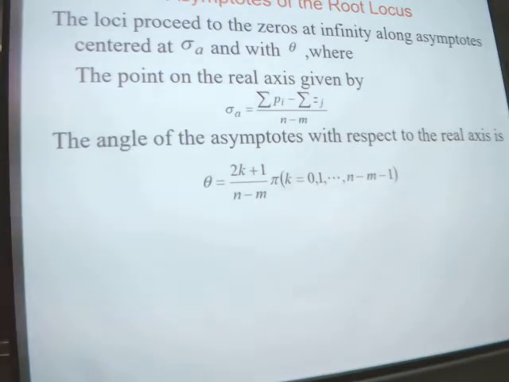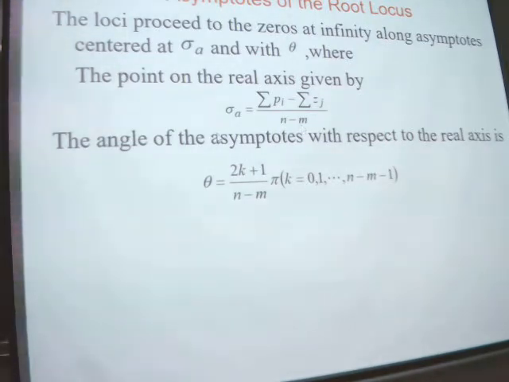Another is the asymptotes of the root locus. The locus proceeds to the zeros at infinity along asymptotes centered at sigma A, where we can see the point on the real axis given by sigma A equal to sum of poles minus sum of zeros, divided by n minus m.